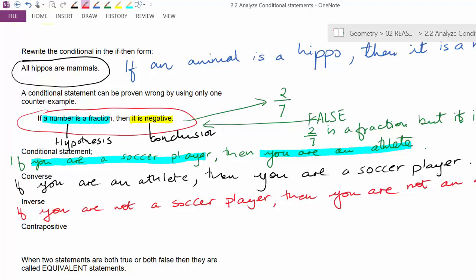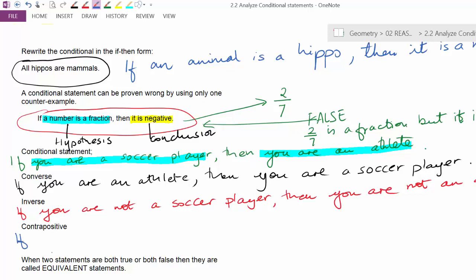And finally, we have the contrapositive. The contrapositive is a combination of the converse and the inverse. Contrapositive, 2 words, 2 actions. Switch the hypothesis and the conclusion and negate them both. Or you can just look at the inverse and switch it.